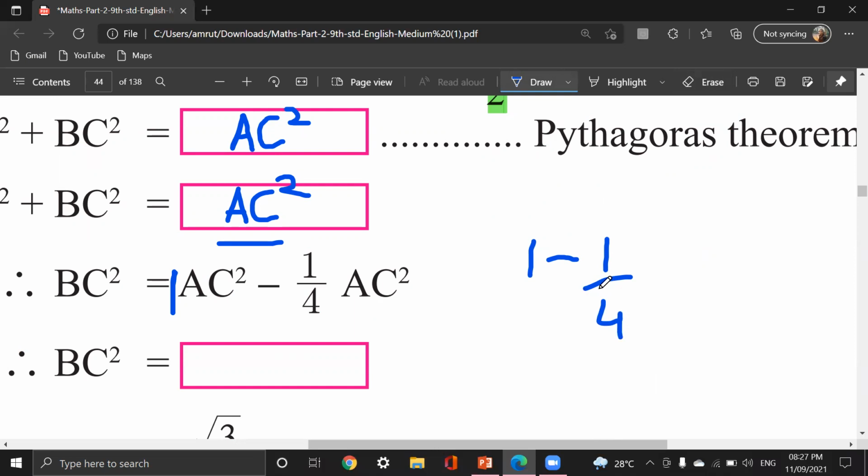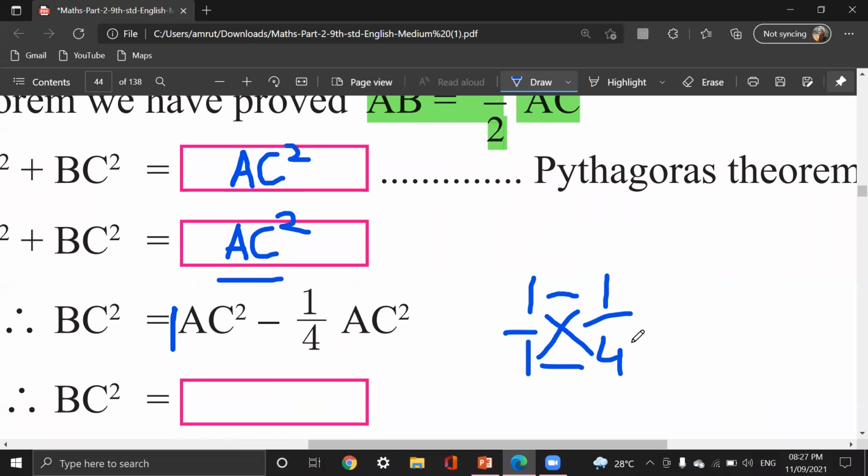So to do subtraction, we should have the same denominator. So we have to cross multiply. So here cross multiply: 1 into 4, and here when there is no denominator, it is considered as 1. So 1 into 4 minus 1 into 1, upon 1 into 4.